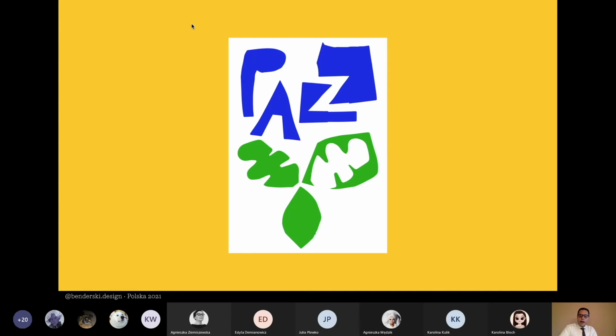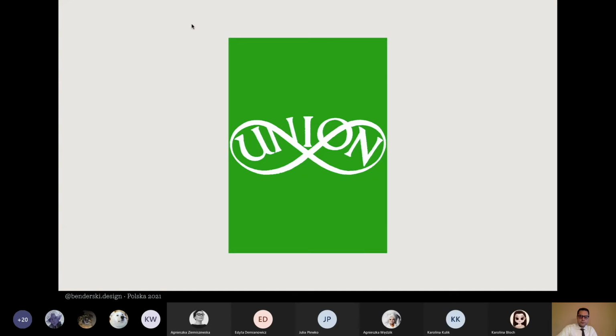And this is the poster that we created. So you can see there a relationship between the leaf that is being cut, the shape and the counter shape, and you can also see that on the letter Z. So it is a relationship that makes the poster coherent, consistent.